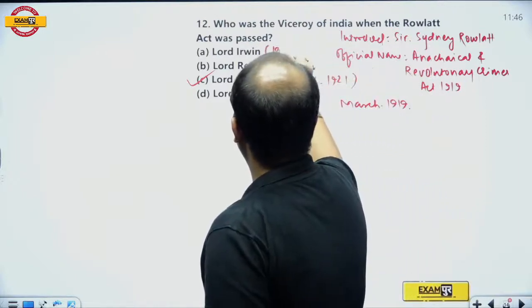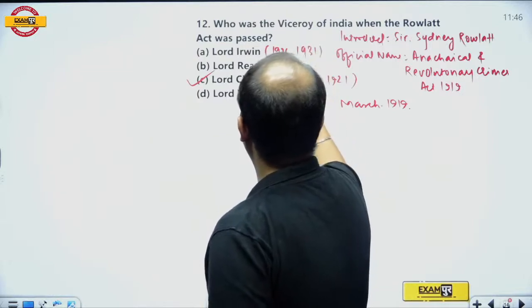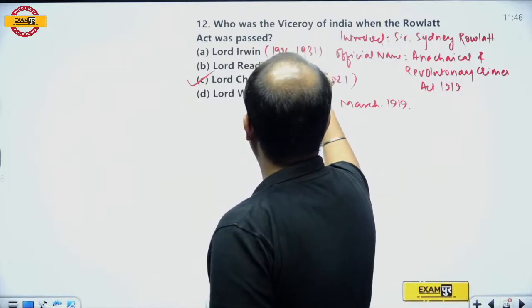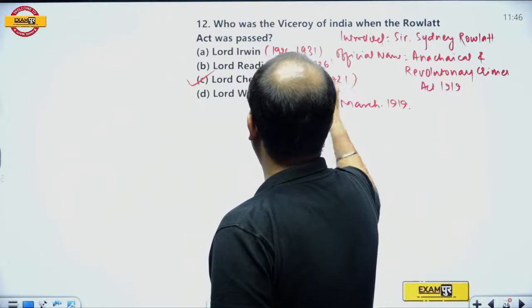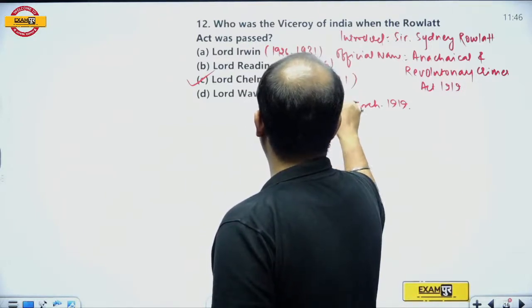Irwin was 1926 to 1931, Reading 1921 to 1926, and Wavell 1943 to 1947.